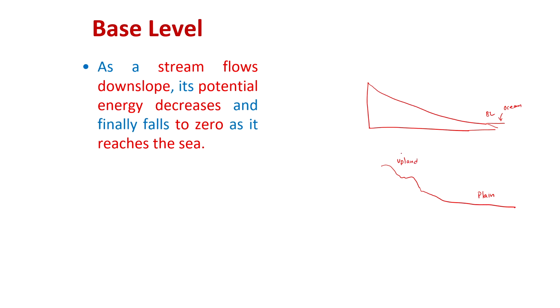For example, if we say the upland is your Himalaya and the plain is your Indo-Gangetic plain, this portion will be your base level. That is your mountain front. This will be your base level.